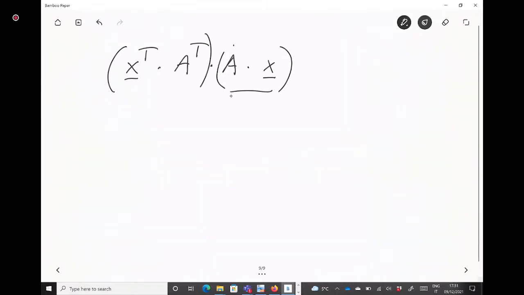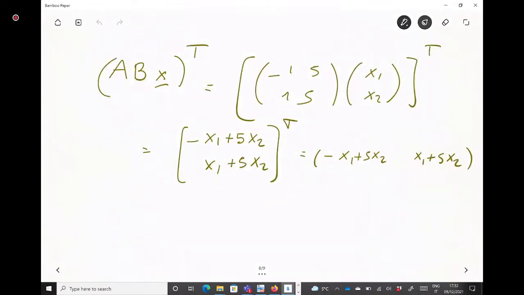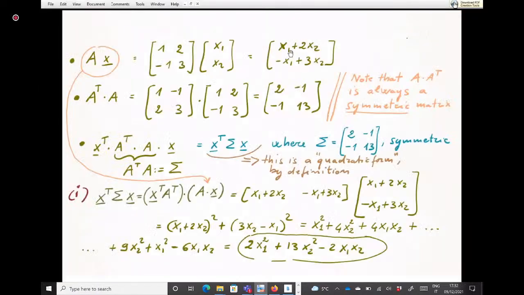Because I already know AX, we know AX is equal to a column vector, which we already computed before: x1 plus 2x2, minus x1 plus 3x2.